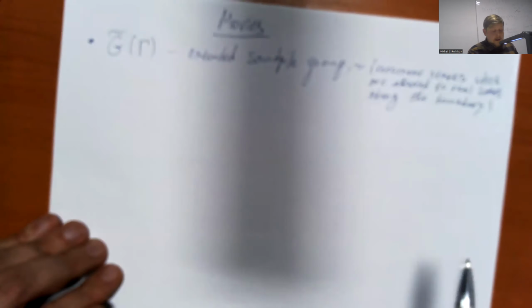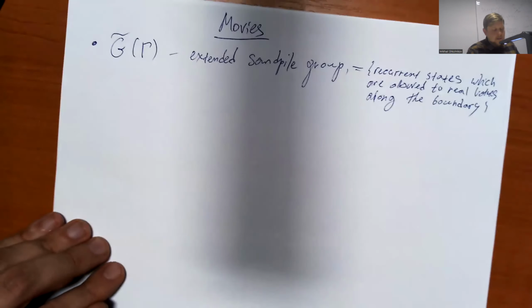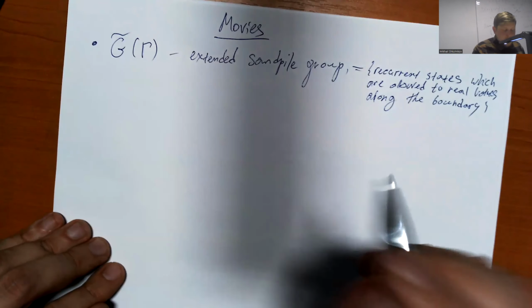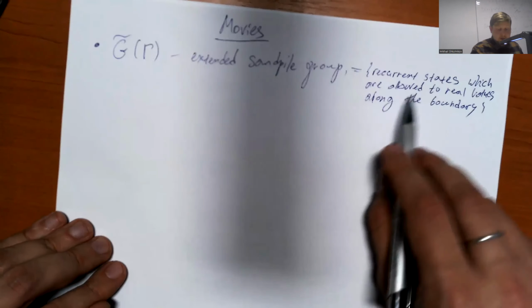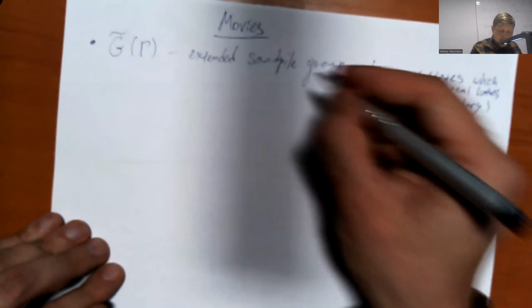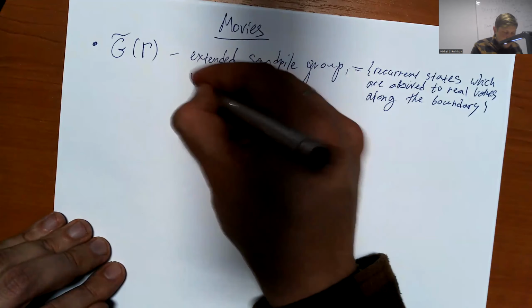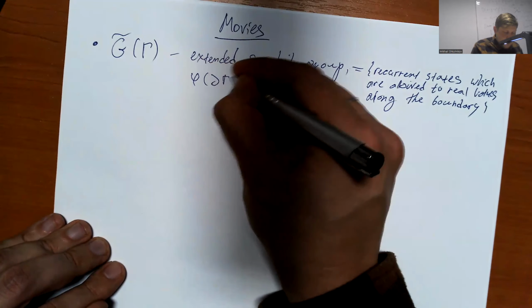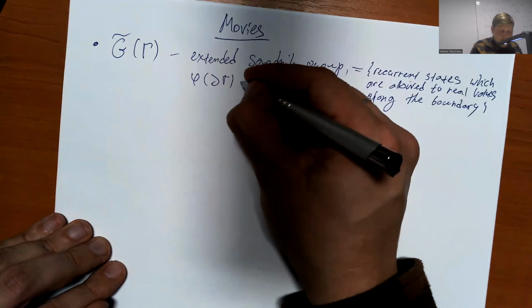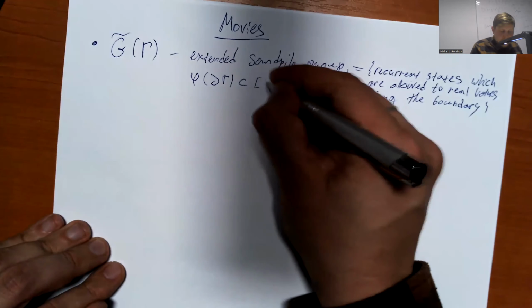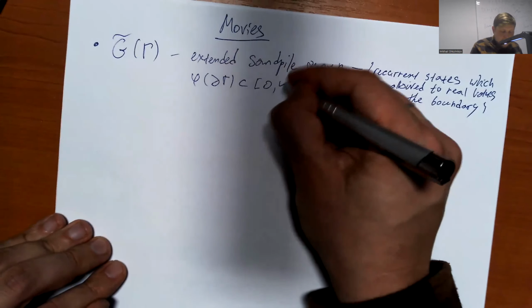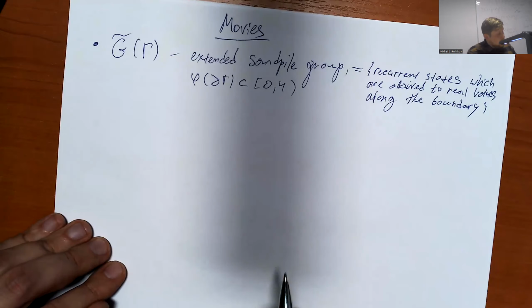So a priori, it's not clear that this thing is connected or that there is a well-defined group structure, but I claim it's very easy to show that if you just allow all your states to have real values, and not simply real values, but phi of it should also be stable, so it should belong to the interval from 0 to 4.